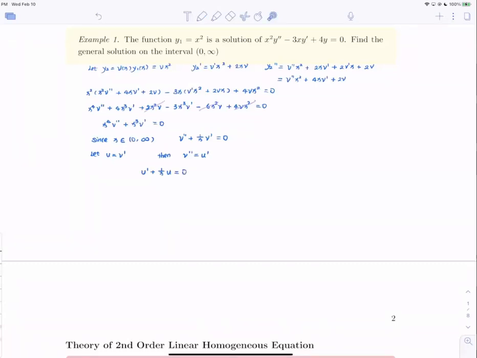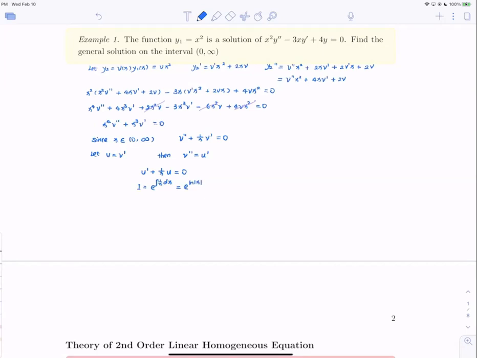Now you can solve this since it's a first order homogeneous linear equation. Use the integrating factor e to the integral of 1 over x dx, which equals e to the ln of the absolute value of x.